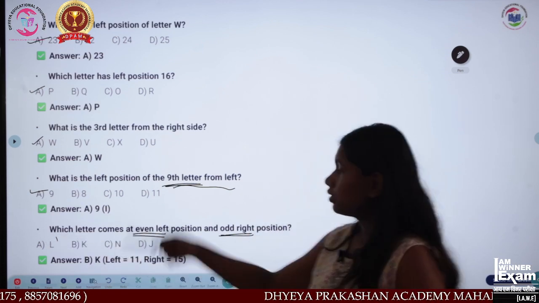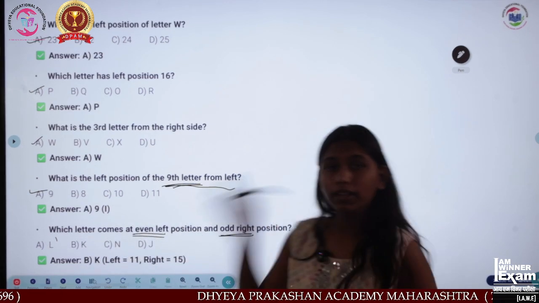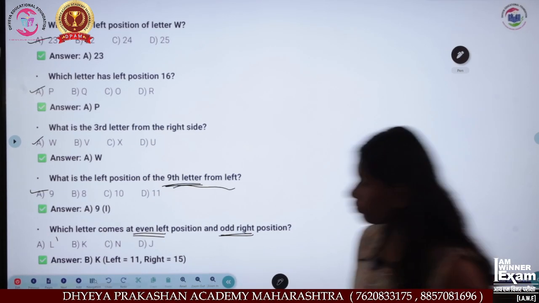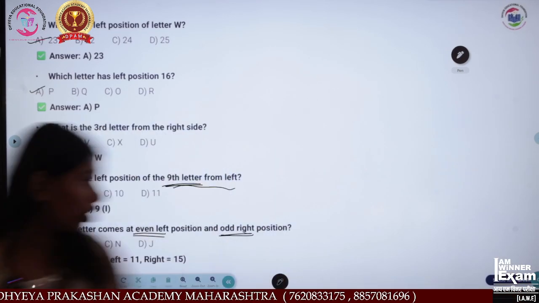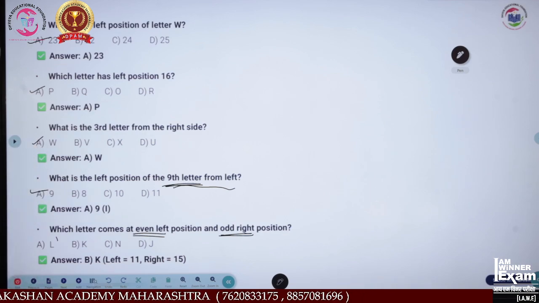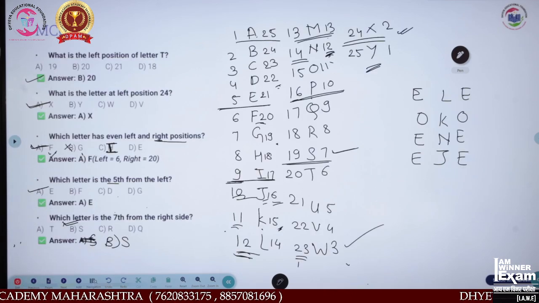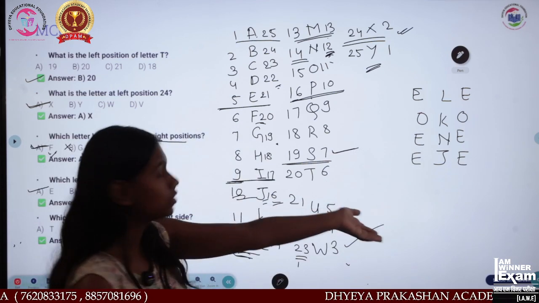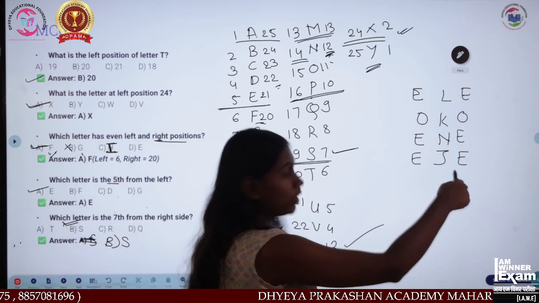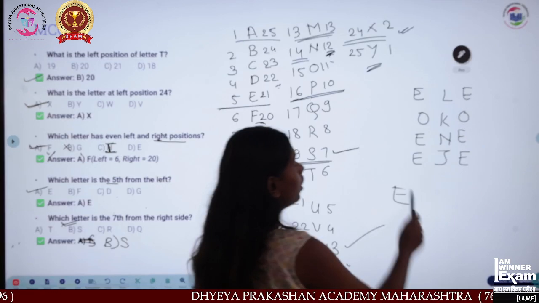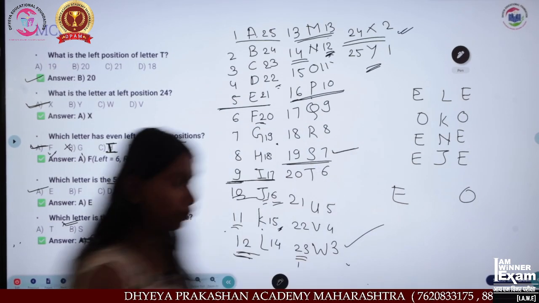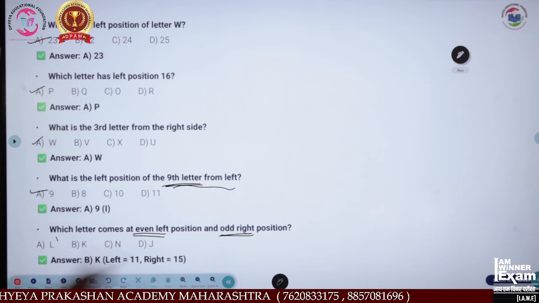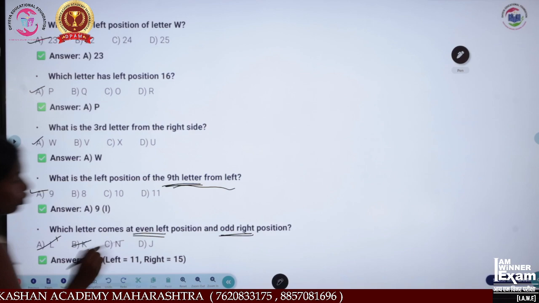Now which letter comes at even left and odd right? Let's check what we got. None of them has even on the left and odd on the right. So among the four options, there is no answer.